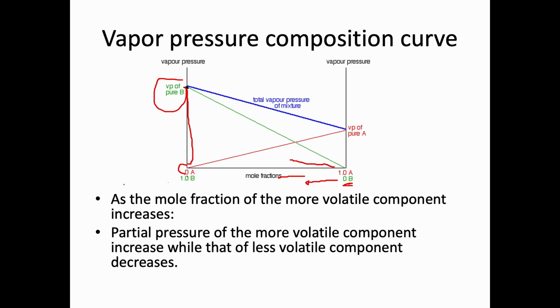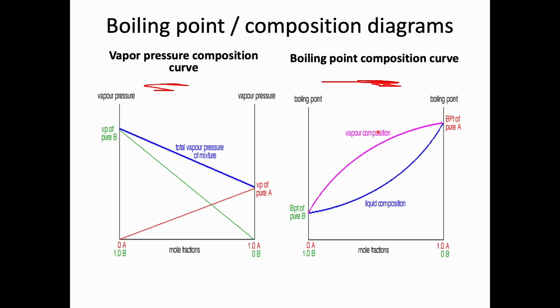So while the vapor pressure of your B is increasing, the vapor pressure of your A is not increasing because it doesn't have enough temperature for those intermolecular forces to break, and you end up with all of those vapor particles. Notably, the experimental measure of your vapor pressure is very difficult, so your boiling point composition curves are used to compare your different components of your mixture.